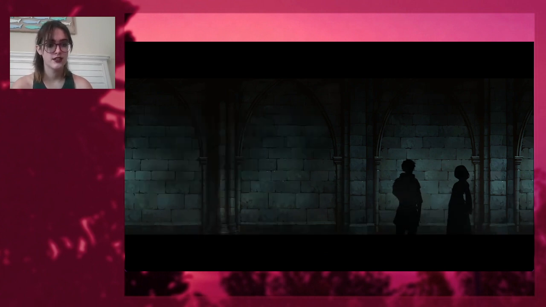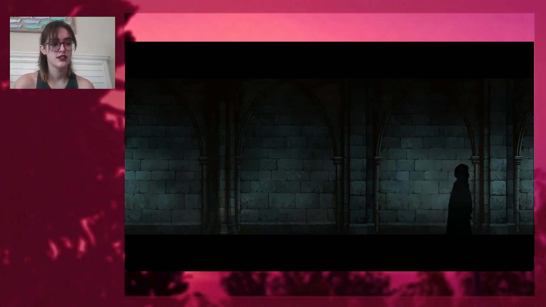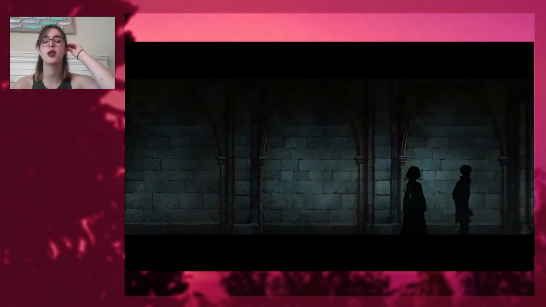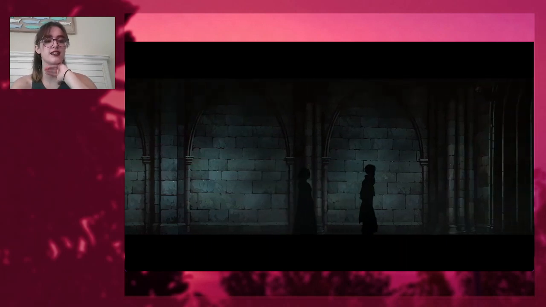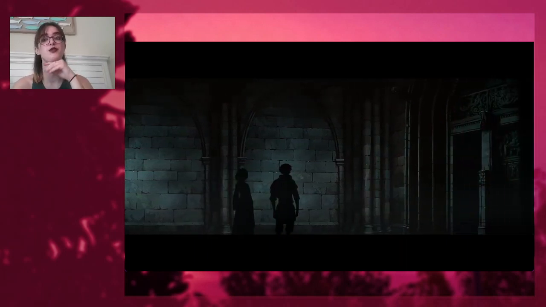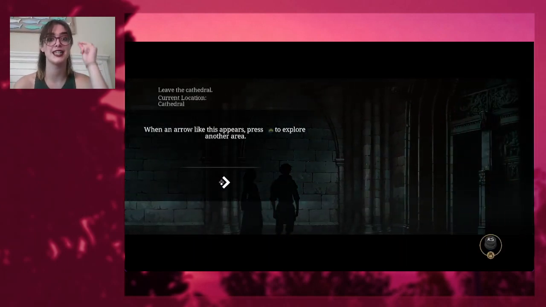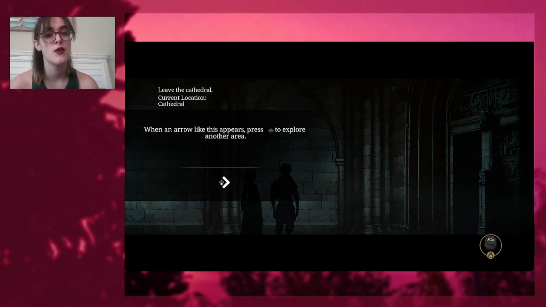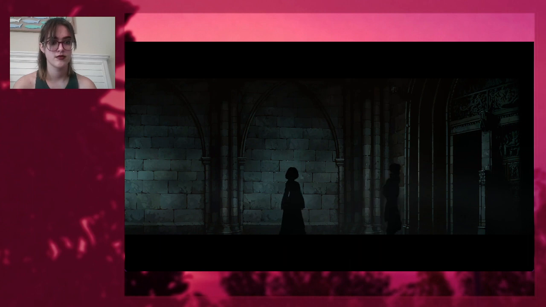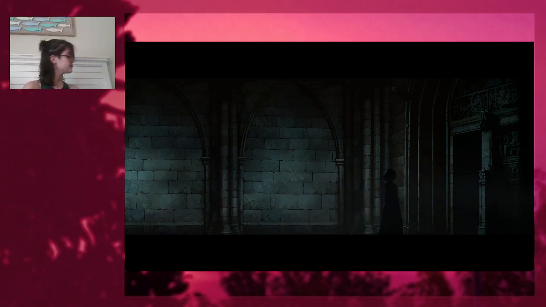Hi, daughter. Want to come with me? I don't know what we're about to do, but okay, that's interesting. We have timed responses, so that means there's going to be situations where we have to make a snap decision. When an arrow appears like this, press A to explore another area. Sounds good.